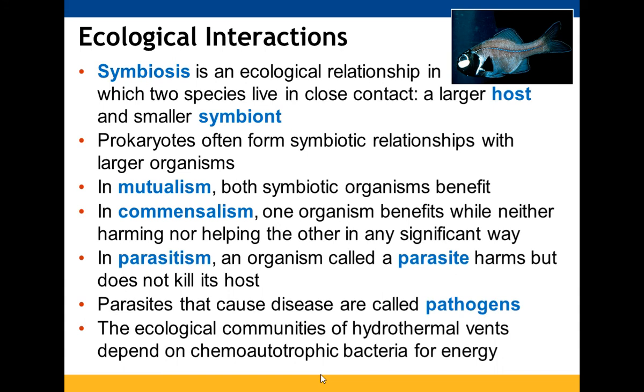And then we have ones that are parasitism, where you don't kill your host, but you definitely harm it. And when you cause diseases, those are called pathogens. It's part of why you treat your pets for fleas. It's part of why dogs are treated for heartworms. Parasites are not so good. So again, we'll spend more time on that with ecology.